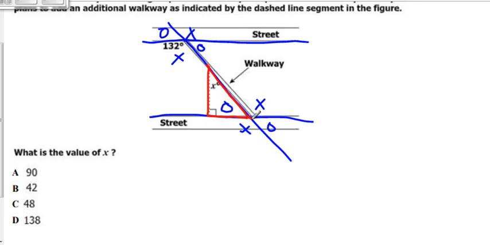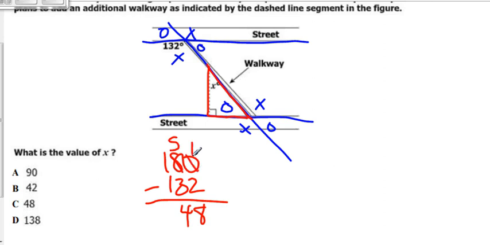So O, right, and O. So if I knew what that O was, I could figure out what this O is. So I'm going to do 180 minus 132 to get my O, because I know my X is 132. So I'm going to get 48 as my O right here.